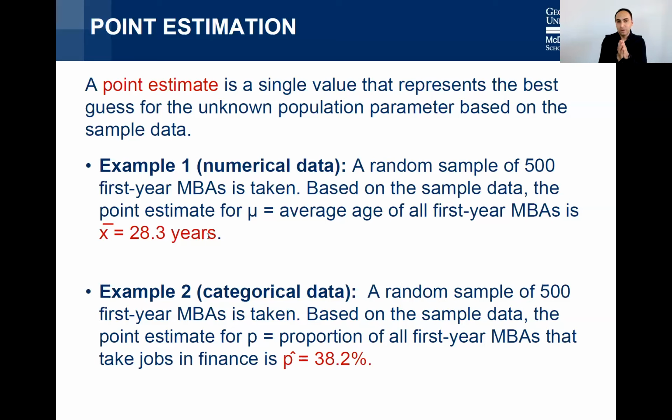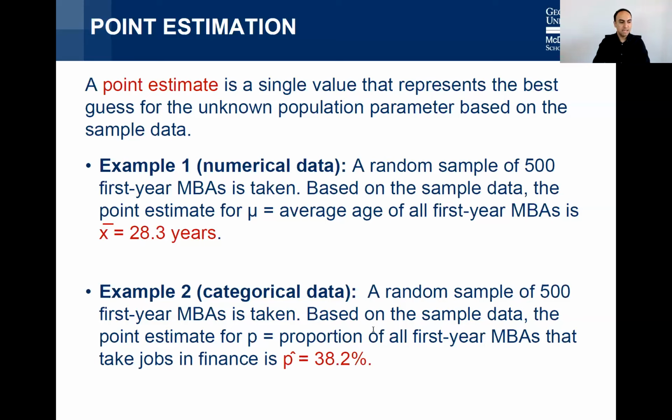You were curious about the average age of all MBAs in a population. That population also could have a definition. You mean the DC area, the East Coast, or all of the US. But regardless, you took a sample of 500 and looked at the average age, and that was X bar, 28.3 years.